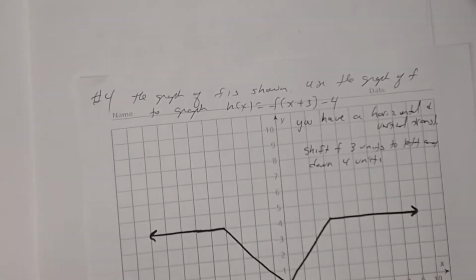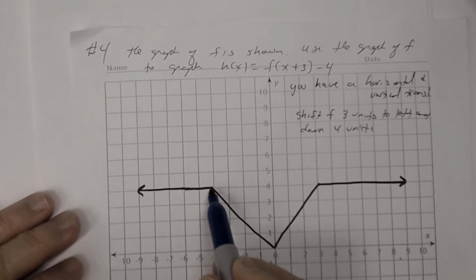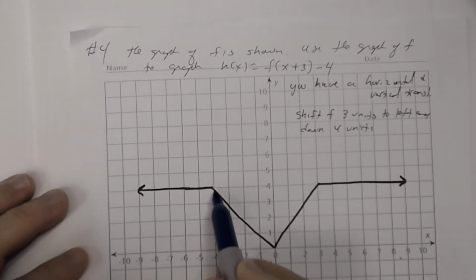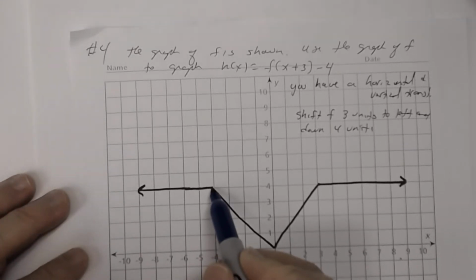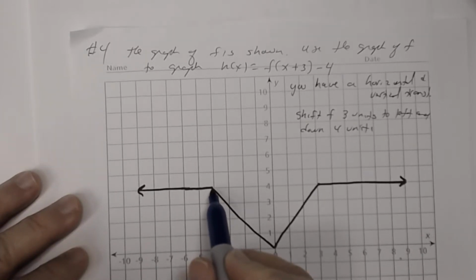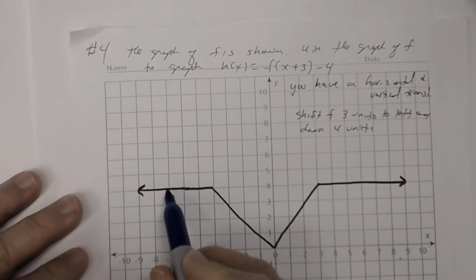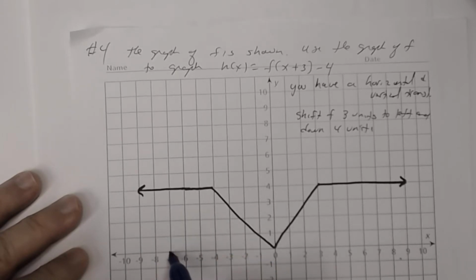Okay? All right, so remember, you're dealing with rays and segments, so I would just take this point here where this ray and this segment meet right here. Now let's look at what's happening. I'm shifting 3 units to the left. So you see this point right here, I'm going 1, 2, 3. Then we're going to go down 4 units. 1, 2, 3, 4.